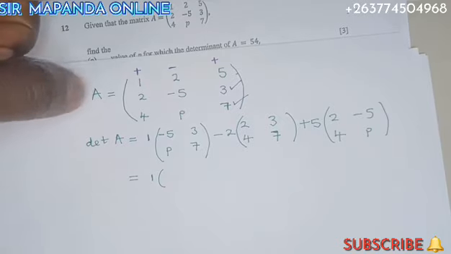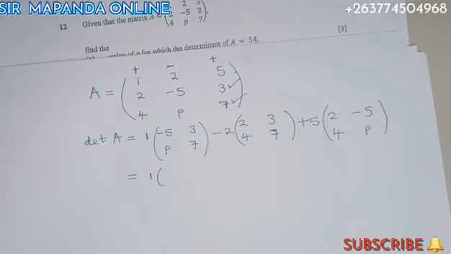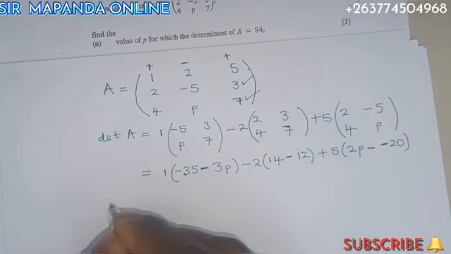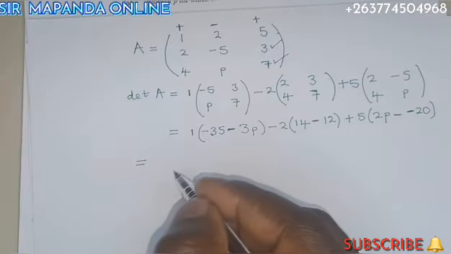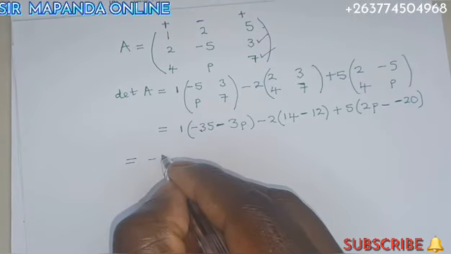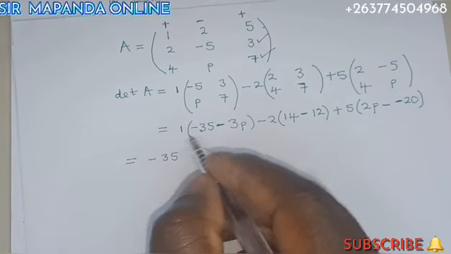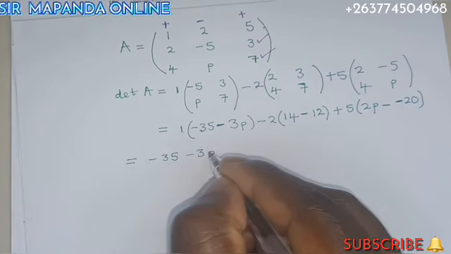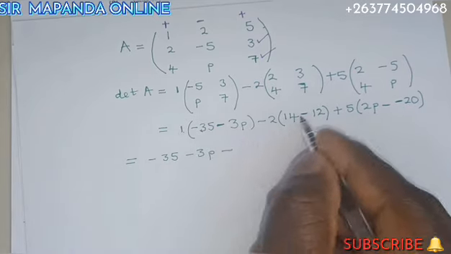The next stage is to find the determinant of each 2 by 2 matrix. So now removing the brackets by multiplying with 1. 1 times minus 35. You get minus 35. Then 1 times minus 3P. You get minus 3P. Minus 2 times 14.